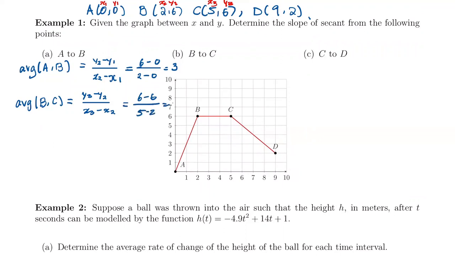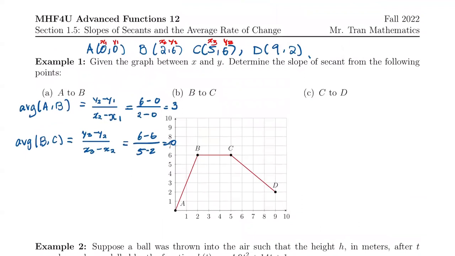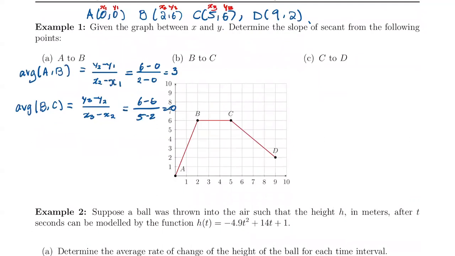And the result that you would get is 0, which makes sense because here you would see that we have a constant slope. So we have a slope of 0, meaning that the average does not change. It's still going to stay 6, and it does not go up or down between B and C. So we would conclude that the slope is constant and the average does not change between B and C.